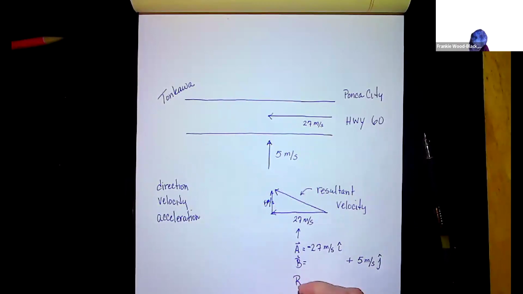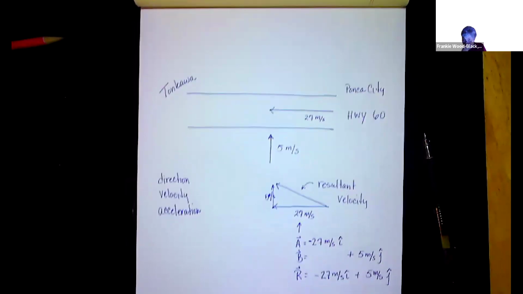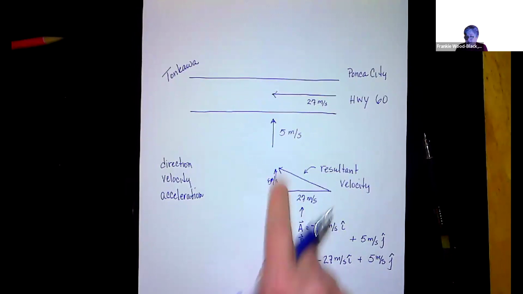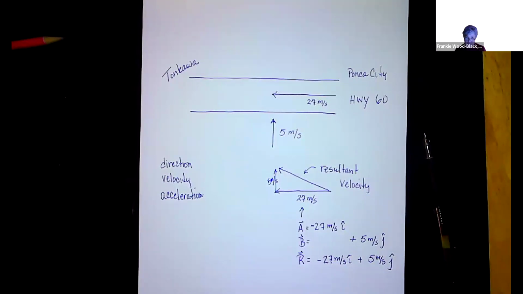So my resultant vector is going to be negative 27 meters per second in the I plus 5 meters per second in the J. And now I have a vector that takes into account both the X and Y components. So you guys have done this before. And you've looked at it as the crow flies. So we can look at this a couple of different ways.